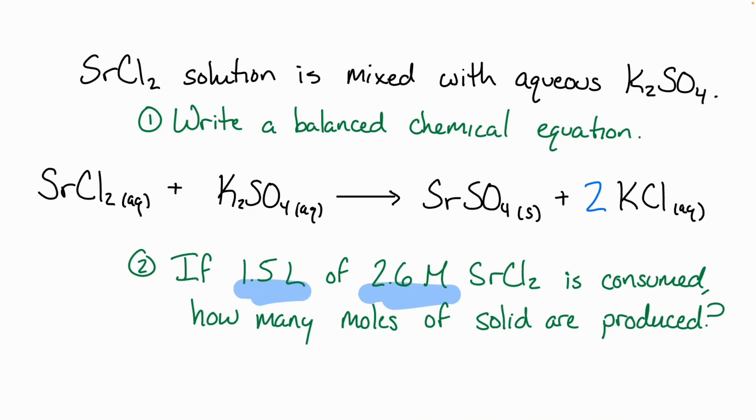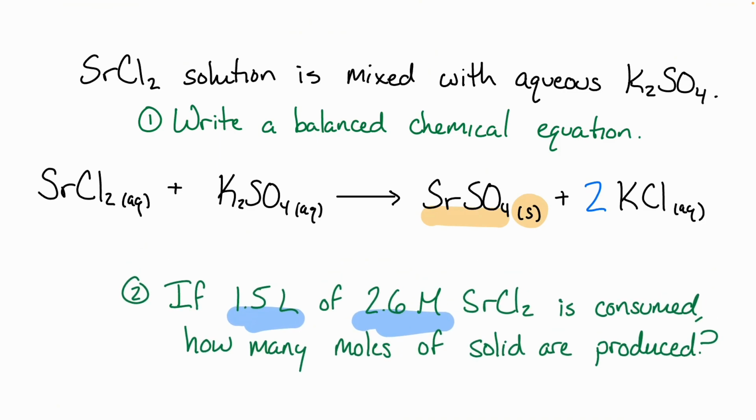So what solid am I talking about here? My solid strontium sulfate. So this problem here is starting me off with an amount of my strontium chloride, but it's asking me for an amount of strontium sulfate. And how do we jump from one thing to another in our balanced chemical equation? What do we need? A stoichiometric ratio.